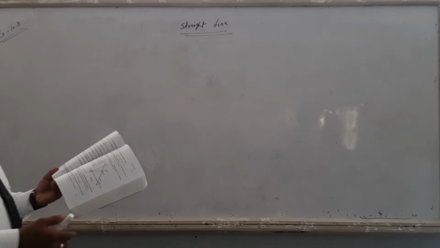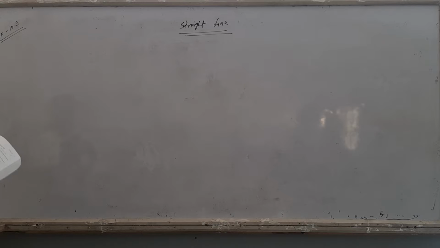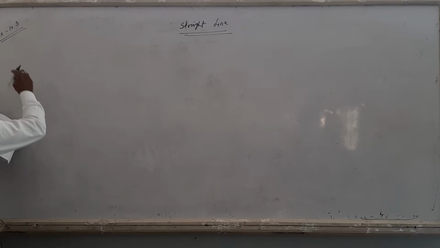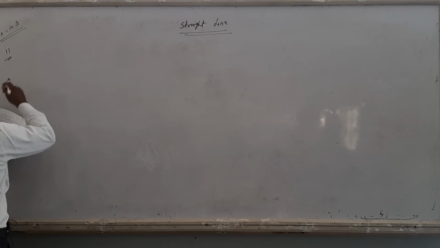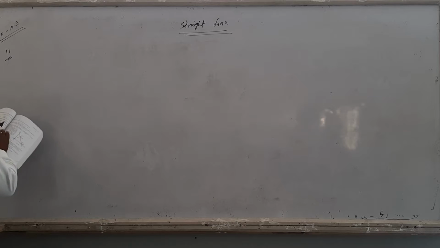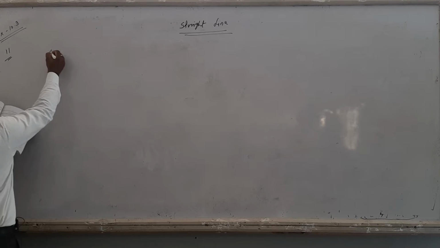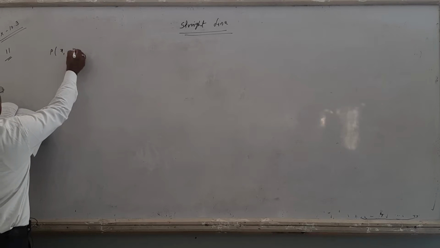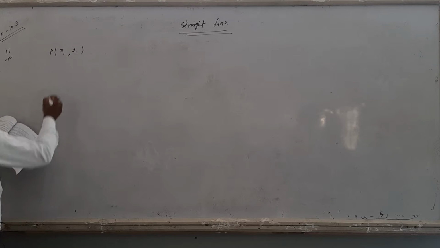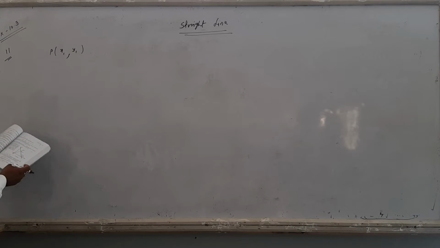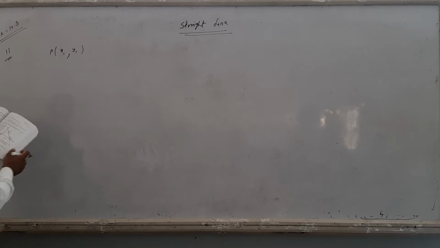So now look here, student, question number 11. Find the equation of the line which passes through the point P (x1, y1) and is parallel to the given line.